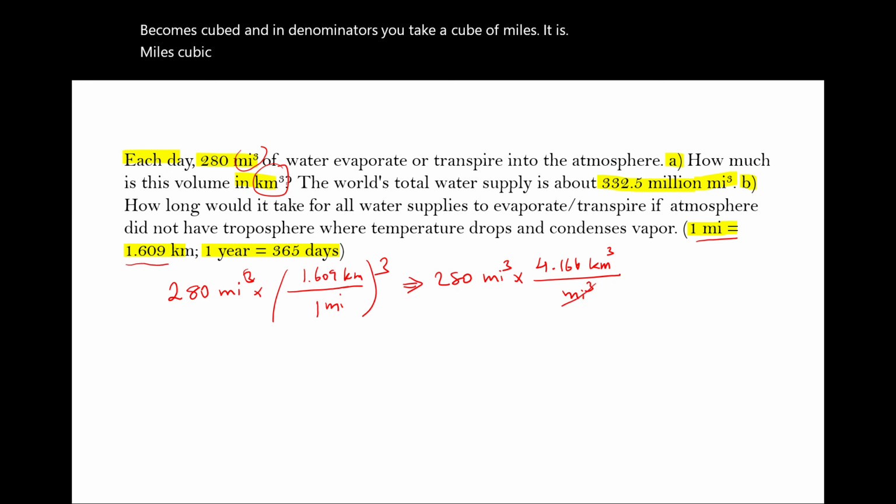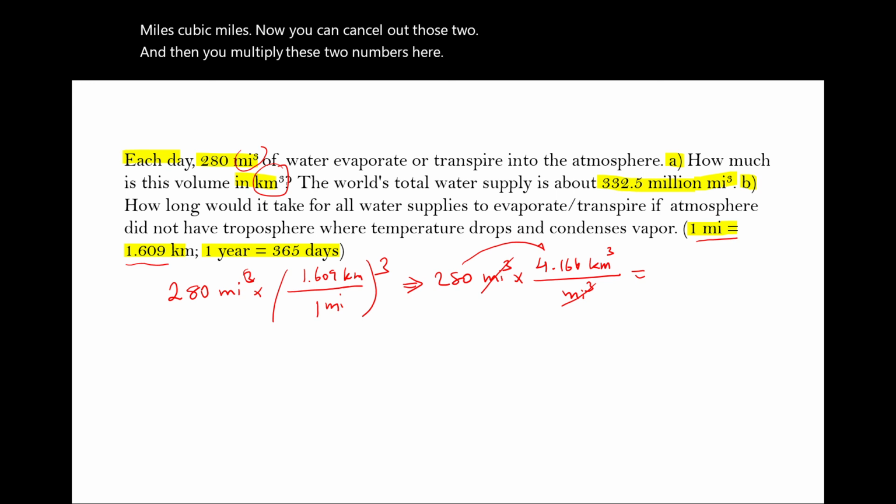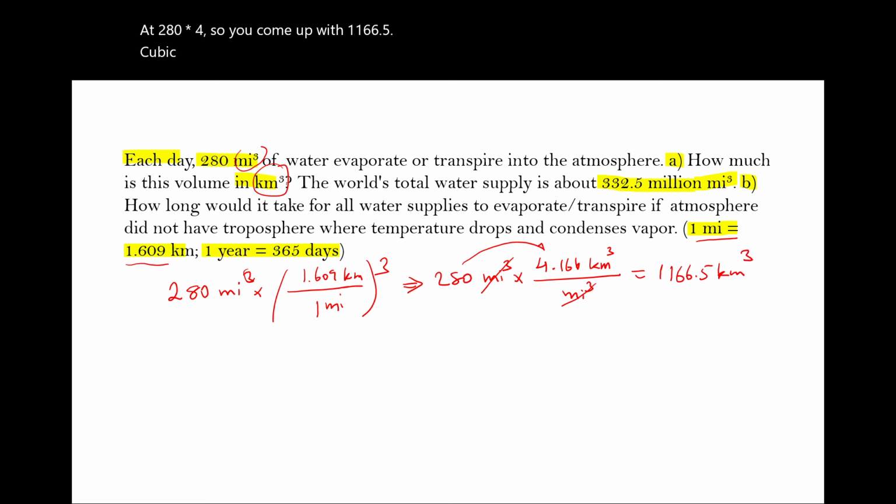Now you can cancel out those two, and then you multiply these two numbers, 280 times 4.166, so you come up with 1166.5 cubic kilometers.